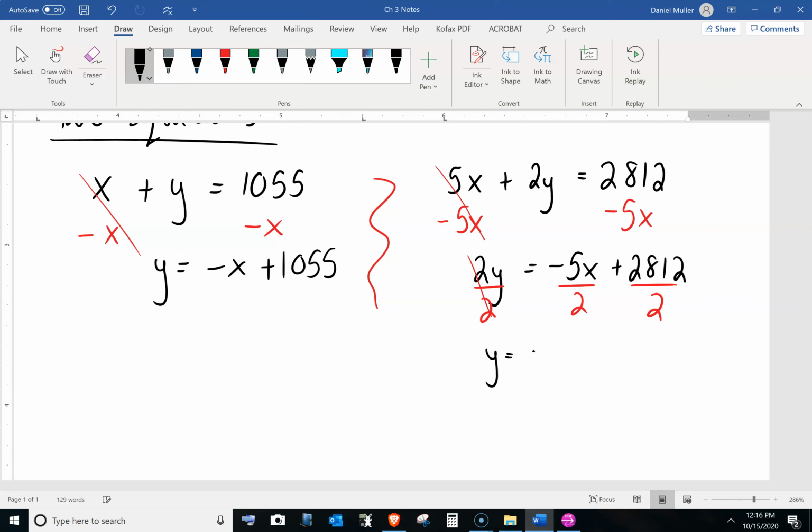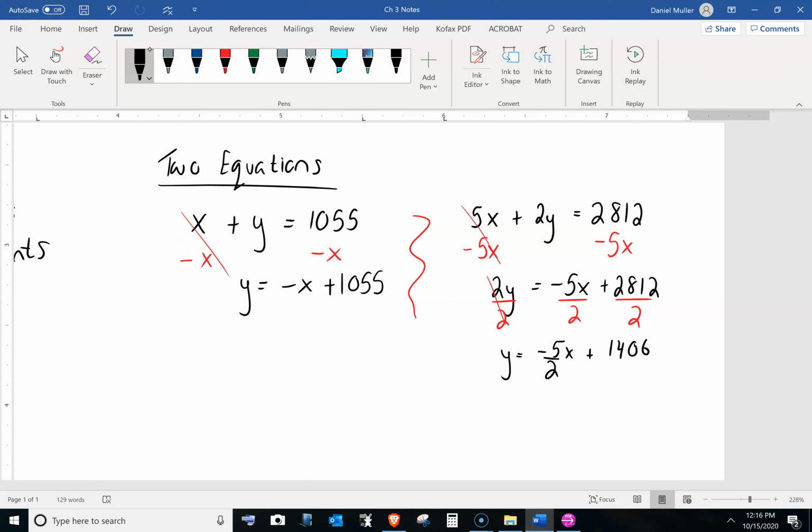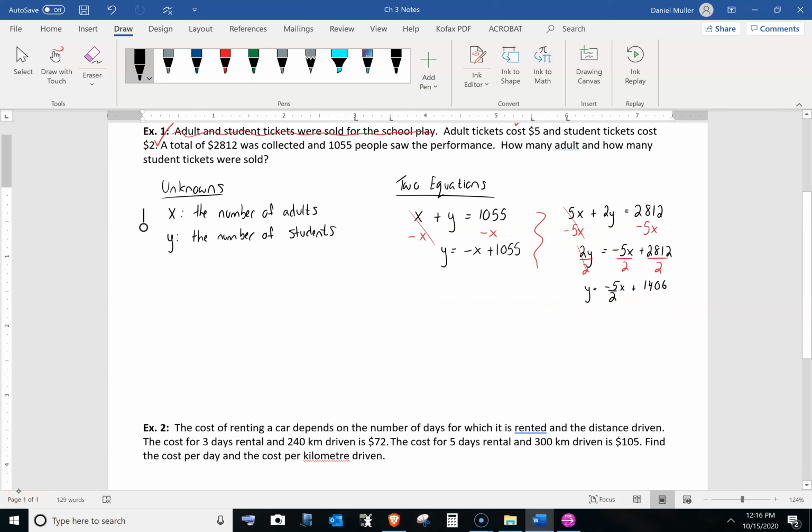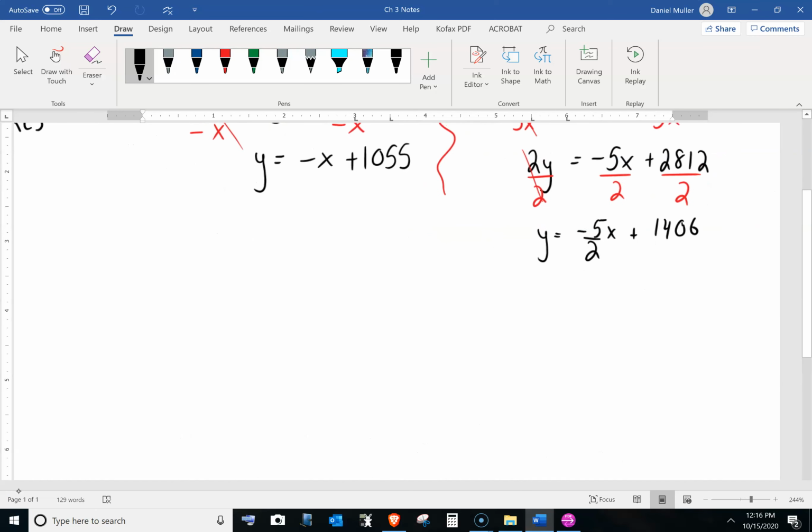So y equals negative 5 over 2x plus, well, half of 2800 is 1400, and half of 12 is 6. So 1406. So I have two equations, and now I can do y equals y. So I just want to see how much room I have here. Okay.